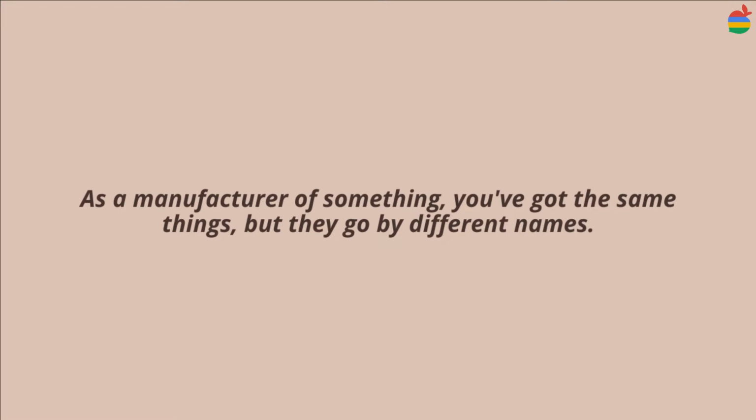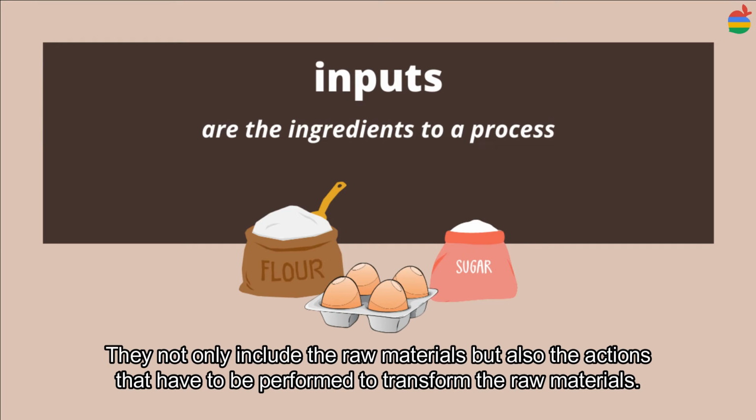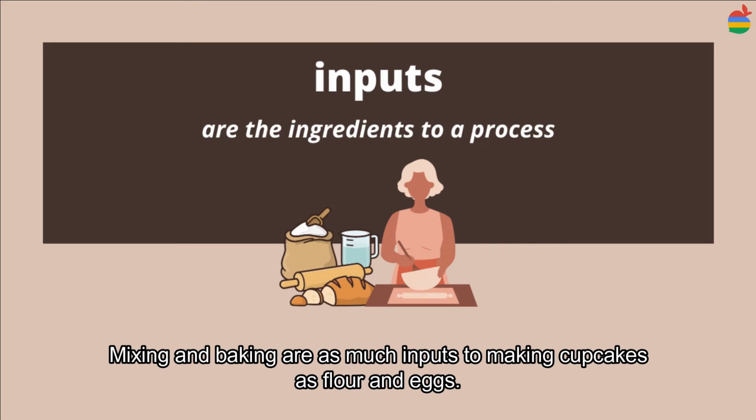As a manufacturer, you have the same thing, but they go by different names. Inputs are the ingredients to a process. They include not only the raw materials, but also the actions that have to be performed to transform the material. Mixing and baking, as well as flour and eggs, are the inputs to make the cupcakes.